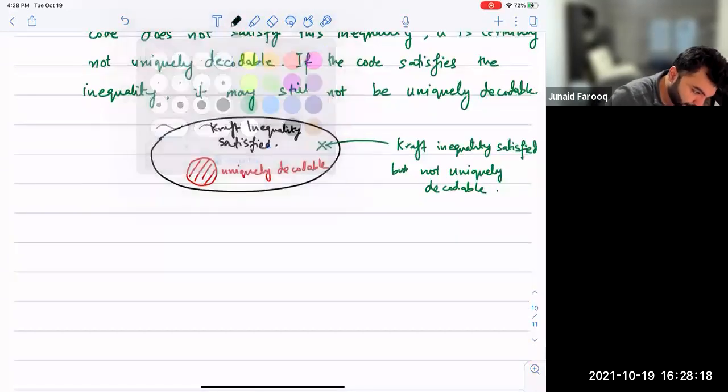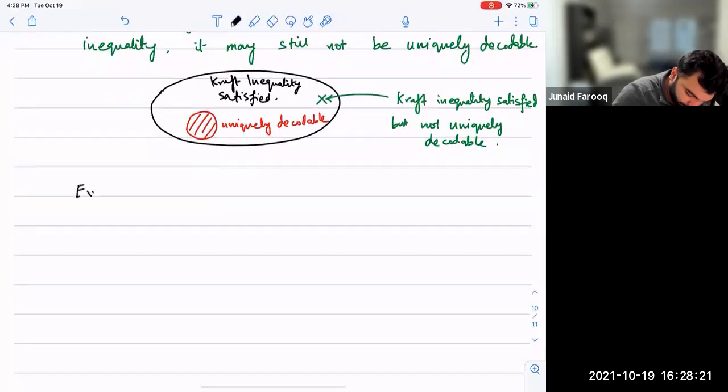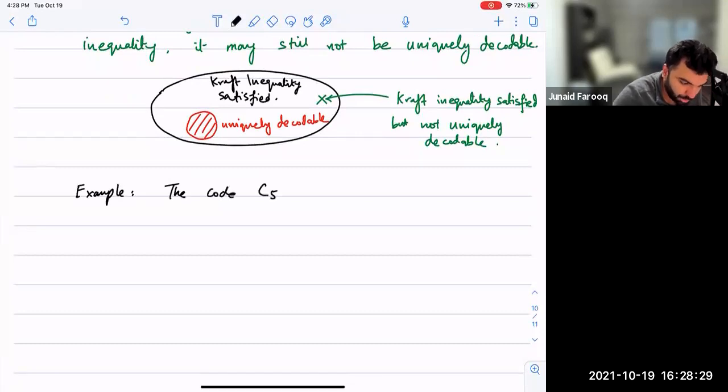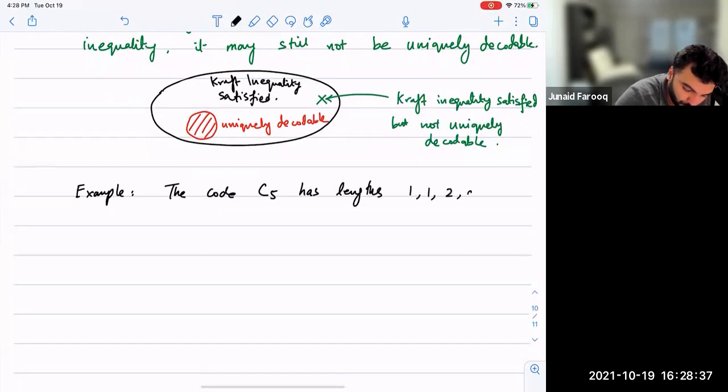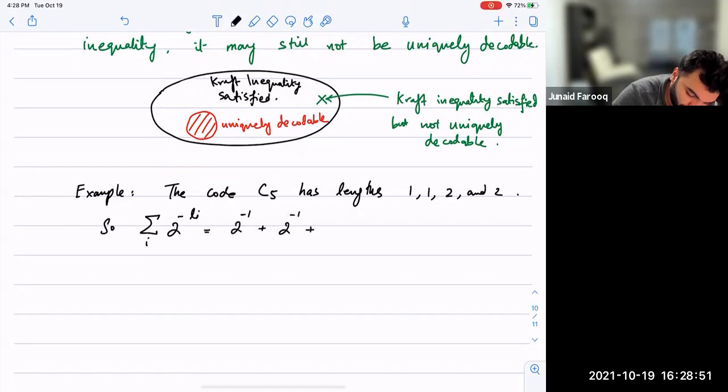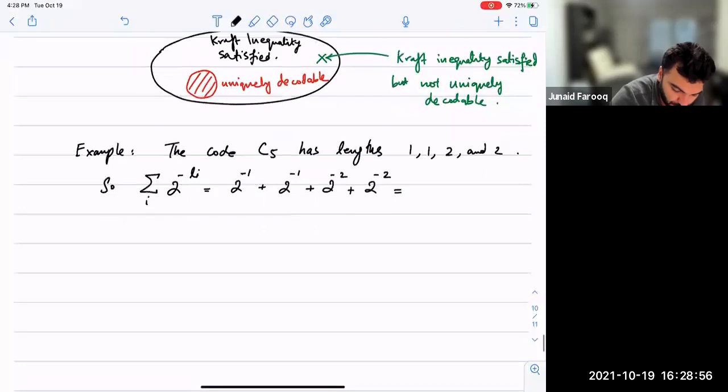Okay, so let's see an example here. The code C5 that we saw earlier has lengths 1, 1, 2, and 2. So the sum over i of 2 to the power minus li is 2 to the power minus 1 plus 2 to the power minus 1 plus 2 to the power minus 2 plus 2 to the power minus 2, and it's actually 1.5.